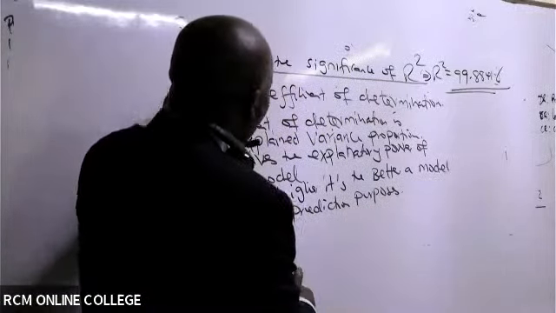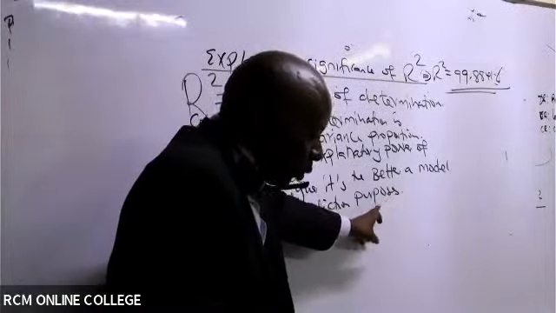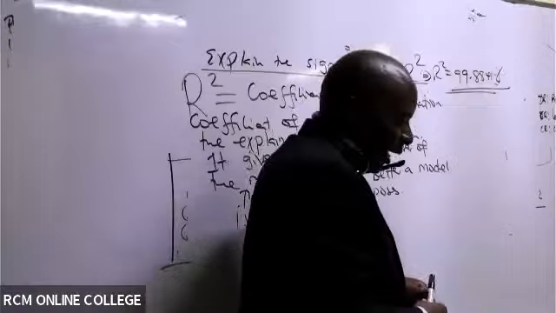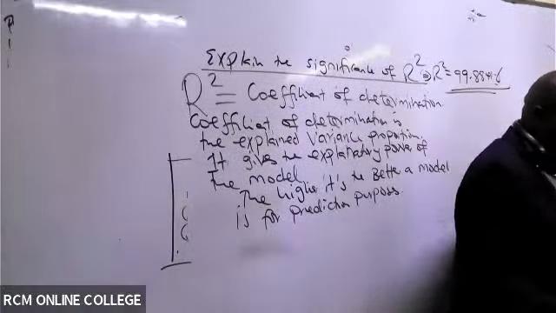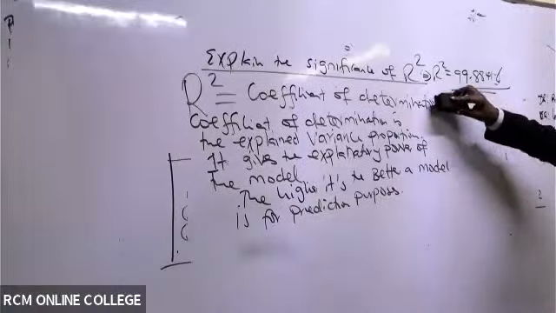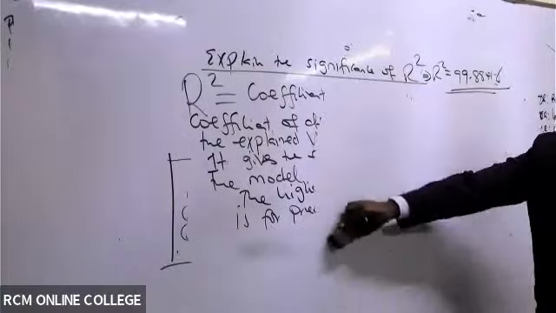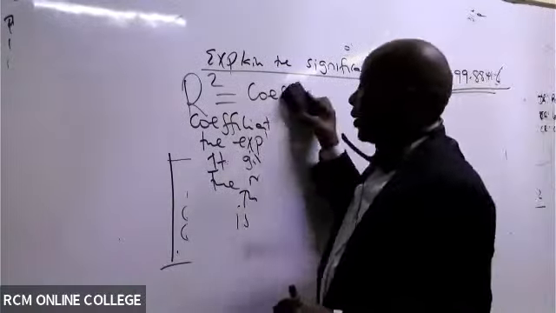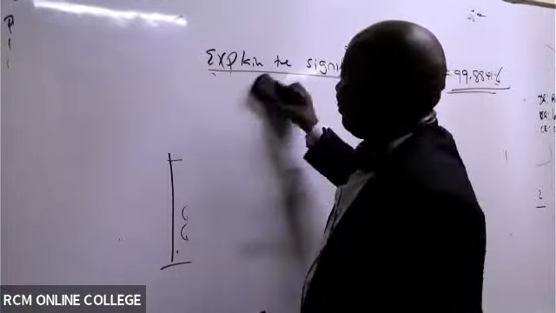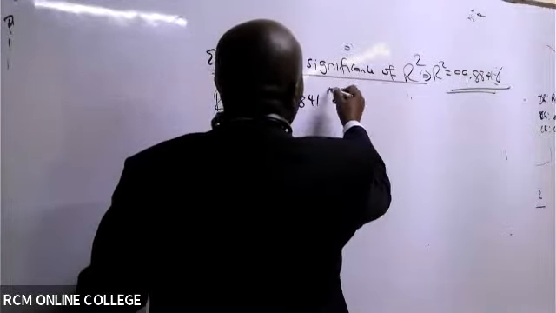Before I continue, have you been able to write up to here? All right. Then we have R squared here, which is 99.8841%.